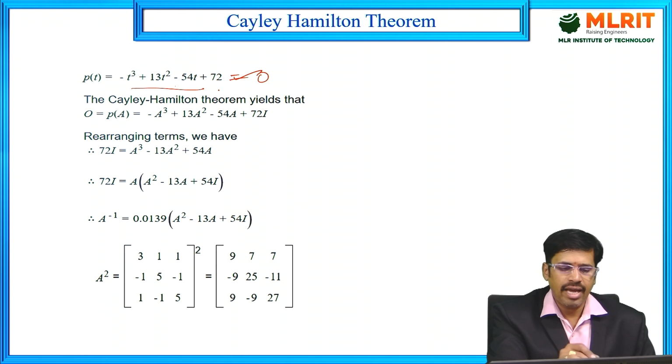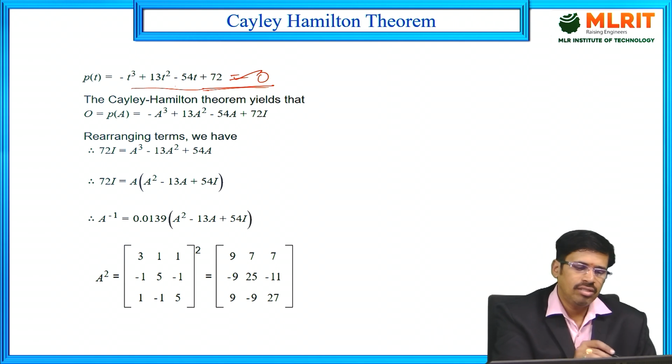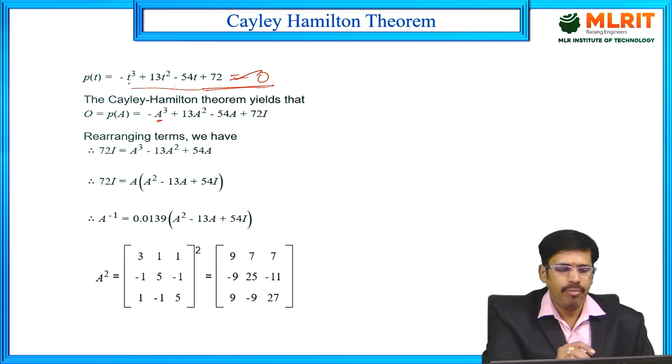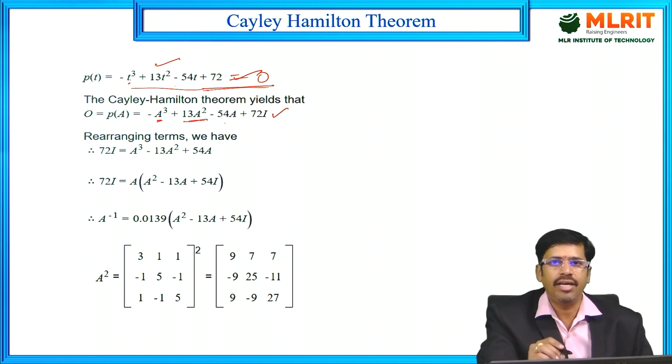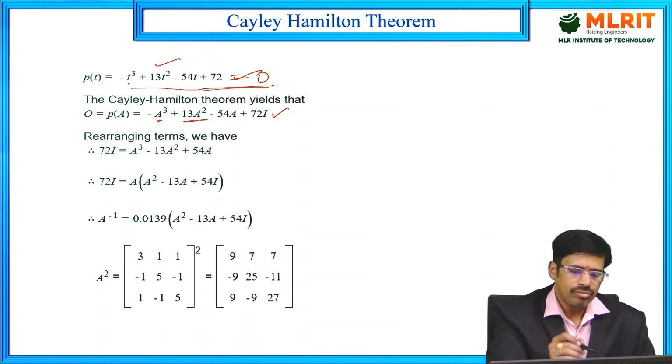So in place of t, replace A: minus A cube plus 13 A square minus 54A plus 72, which is a constant, so we write 72 I, the identity matrix, equal to 0. Just writing this matrix here, 72I is equal to this.